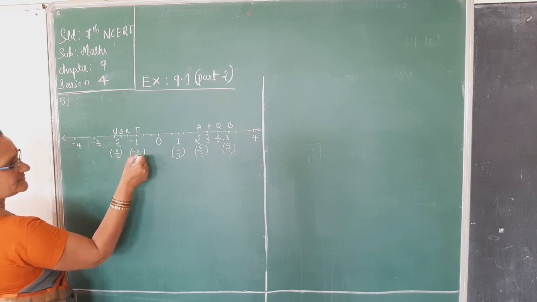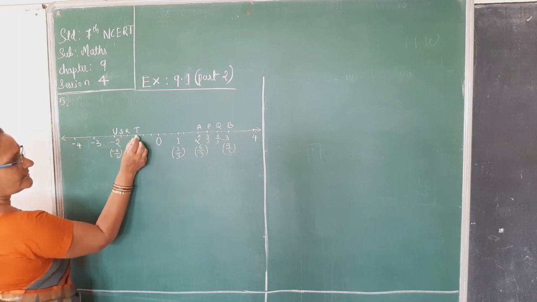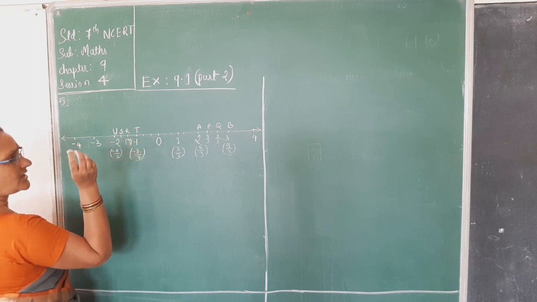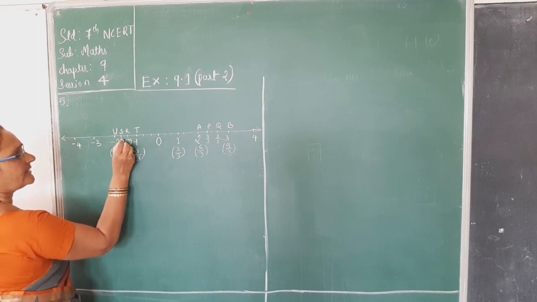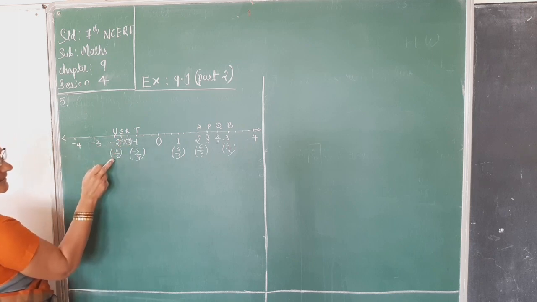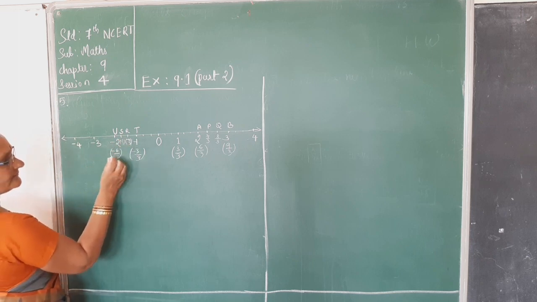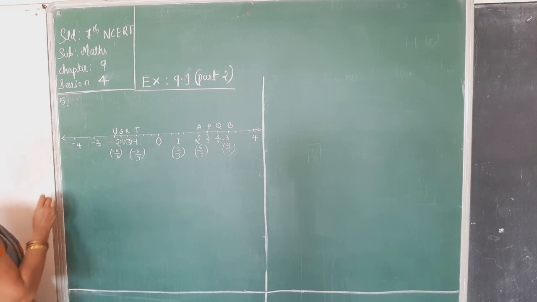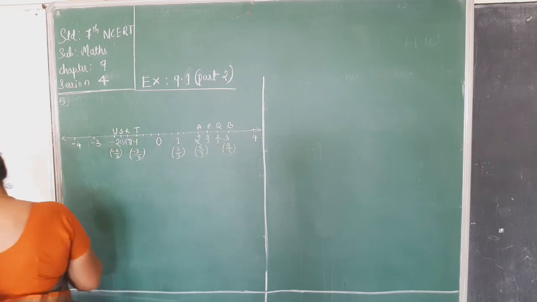If this is -3 by 3, then this is -4 by 3, and this is -5 by 3 and this is -6 by 3. -6 by 3 means 3 ones are 3, 3 twos are 6, this is -2.